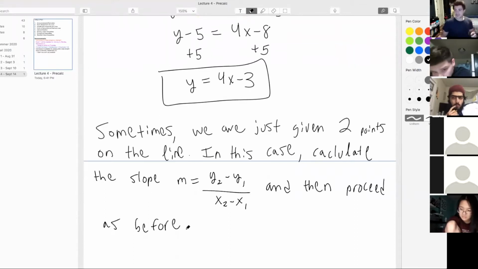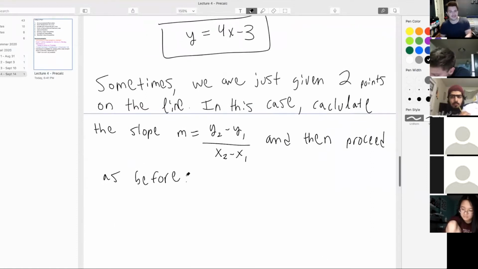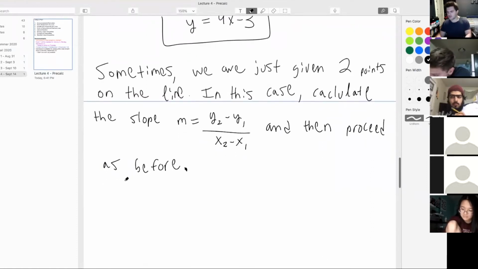Okay, so we find the slope, and then we pick either one of the 2 points that we were given to plug into point slope form. So that's the deal. All right, so what does this look like in practice? So here's an example.